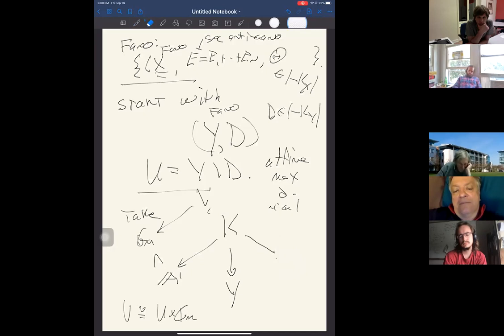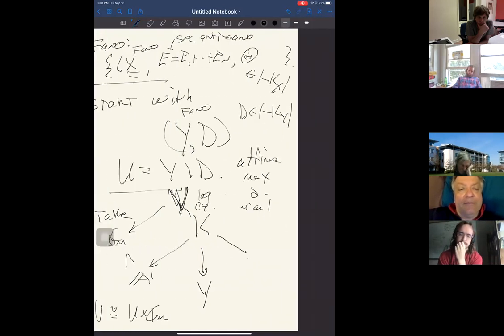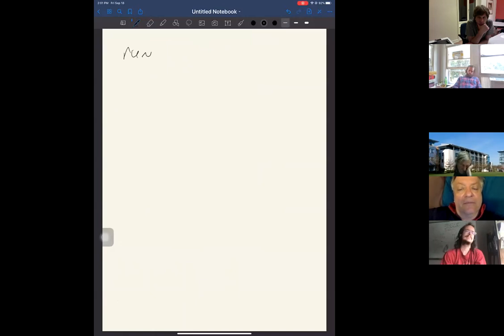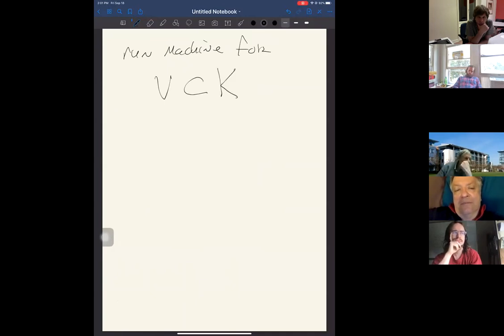So this V is log Calabi-Yau with maximal boundary. And what I do is I just run the machine for V living in K. K is not projective, it's not compact, but notice K has a map. This is the canonical bundle of a Fano.